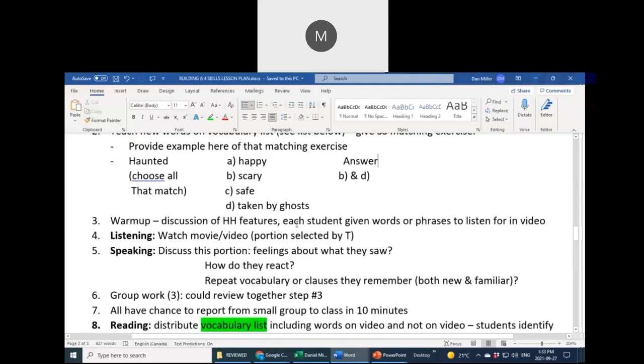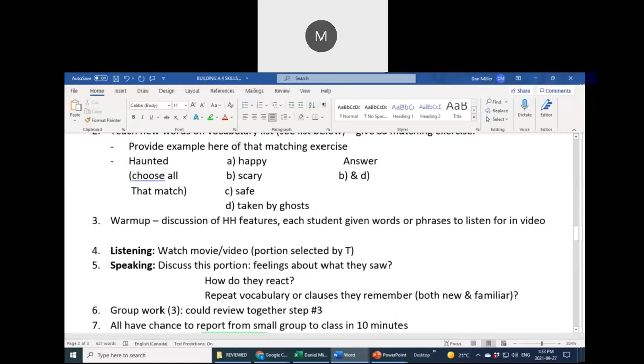So we've got each student is given words or phrases to listen for when they watch the video. So again, you would put here examples of phrases, and you would list the phrases that you're going to hand out to the students.